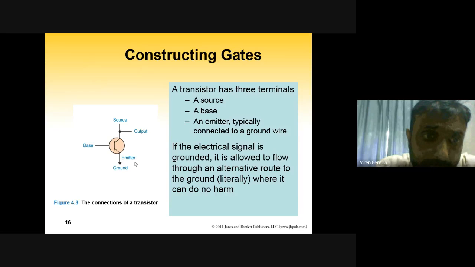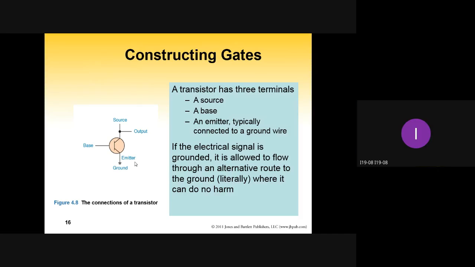Now, if the base is given 0 volts, your source is not connected to your emitter. It is basically an open circuit. So what will be the output here? If your source is 5 volts, what would be the output? You can see one output is there. It would also be 5 volts.